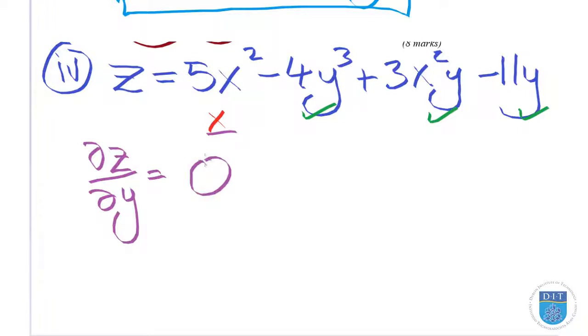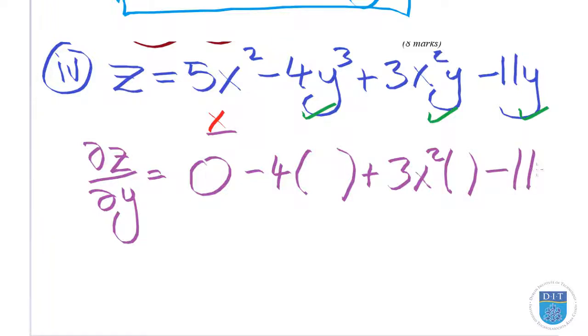The next time, ignore everything surrounding the y, and put a bracket for the y term, whether it's y cubed or whatever it is. And we'll fill it in in a minute. Plus 3x squared. There's a y there. I'll go back and fill it in in a second. And a minus 11. Something has to happen to that one there as well. Right, y cubed, back here again, y cubed, that becomes 3y squared when I differentiate with respect to y. The y on its own becomes a 1.